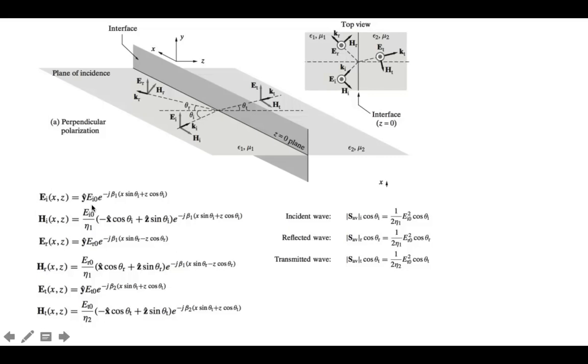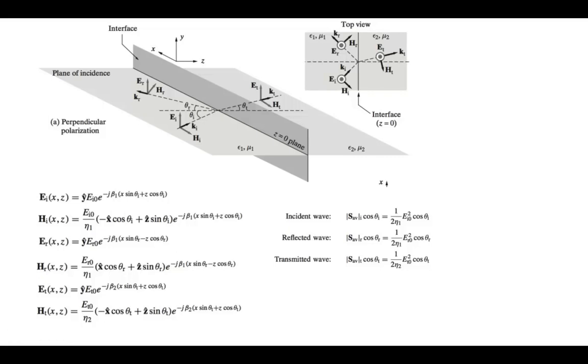So in this set of equations, I think it's very clear. In this case, E is polarized in the y hat direction. And then the k vector is indicated in this particular textbook. He does not use K1 and K2, he uses beta 1 and beta 2, but that's fine.